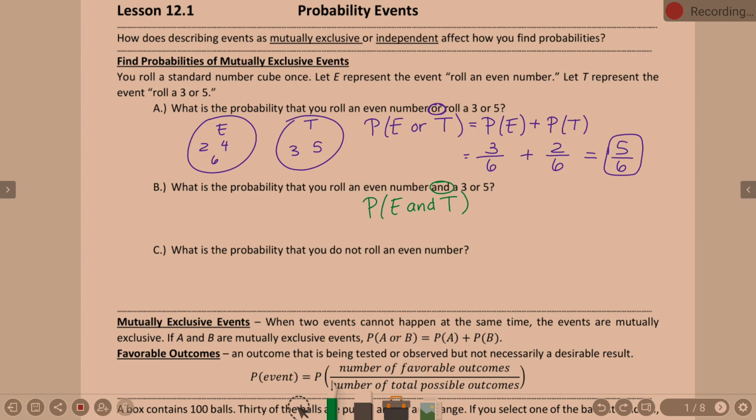T was what was defined for rolling a 3 or a 5. Thoughts on this one? What are we thinking about when it says and?